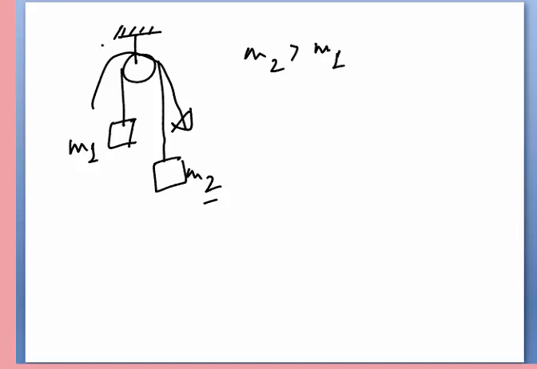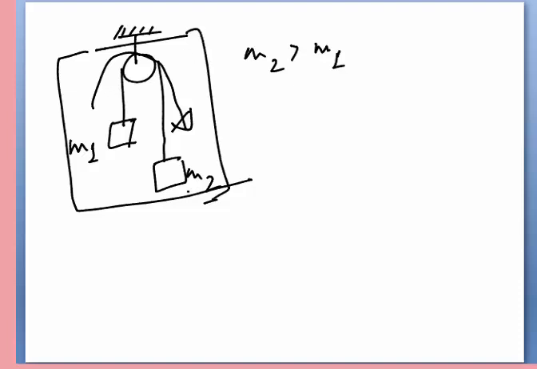Now if I take this entire system as a whole, the tension which was appearing in the previous case will not appear in this case, because tension becomes an internal force here. If I am outside this frame of reference, I am not seeing tension as a force at all.